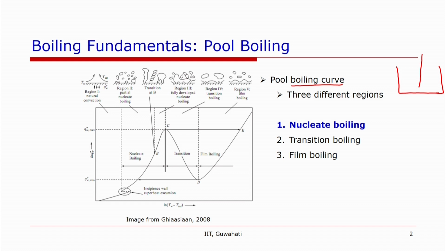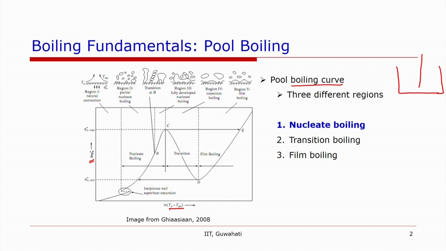The results are presented in terms of wall heat flux versus superheat, which is T wall minus saturation temperature at a constant pressure. As you can see, this graph is a log-log plot, between the log of wall heat flux and the log of the superheat.